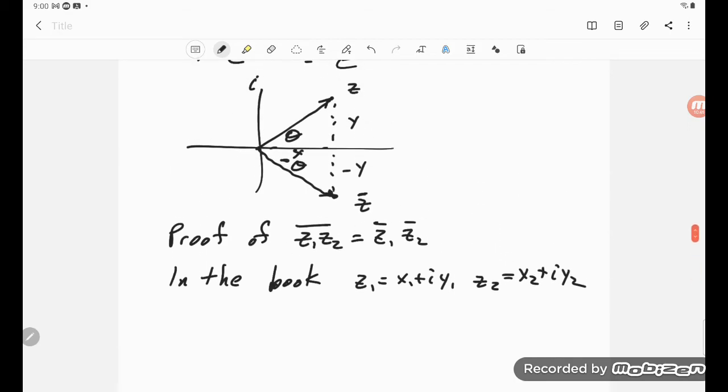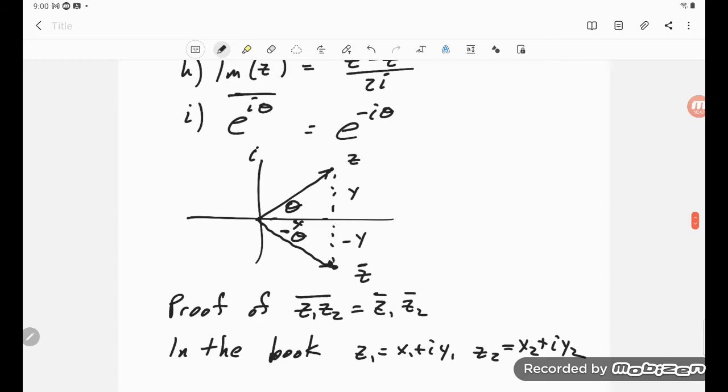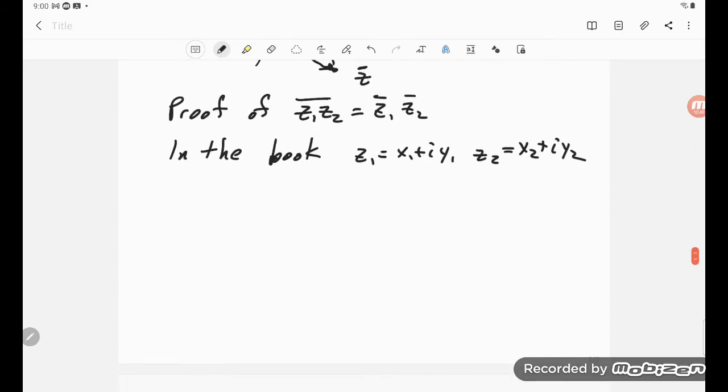Now, but notice if you've already proved the polar conjugate property, so if I had that, then I could say z1 equals r1 e to the i theta 1, and z2 equals r2 e to the i theta 2.